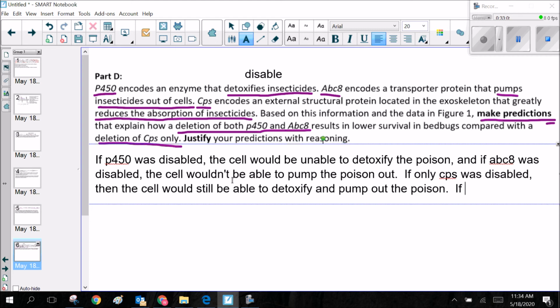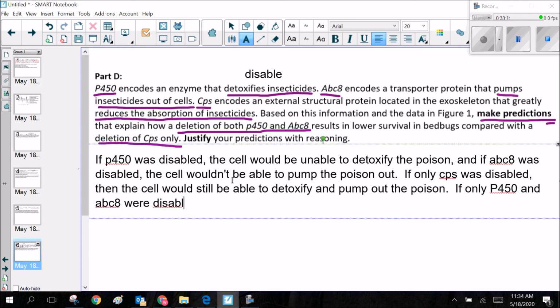But if only P450 and ABC8 were disabled, the cell would still let in toxin slowly and would eventually die.